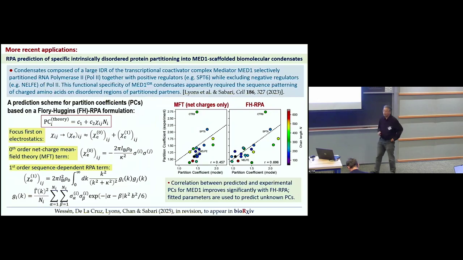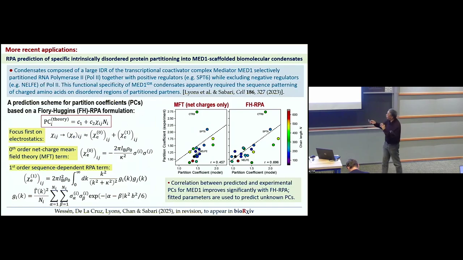Okay, so in the last few minutes, this is interesting, so I want to get into this. This is a collaboration with Ben Sabari at UT Southwestern Medical Center. This is looking at partition coefficients, to see whether we can predict partition coefficient, in this case, into this MED1 condensate. So we used RPA theory.